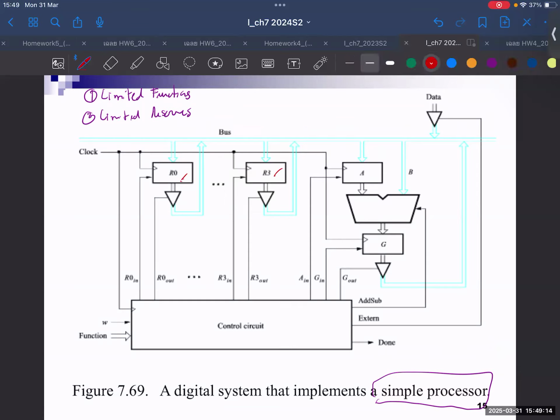And I don't know if you still remember from 206, when you add and you minus some things, it can be done in what type of arithmetic? You have sign magnitude and what? 1's complement, 2's complement.